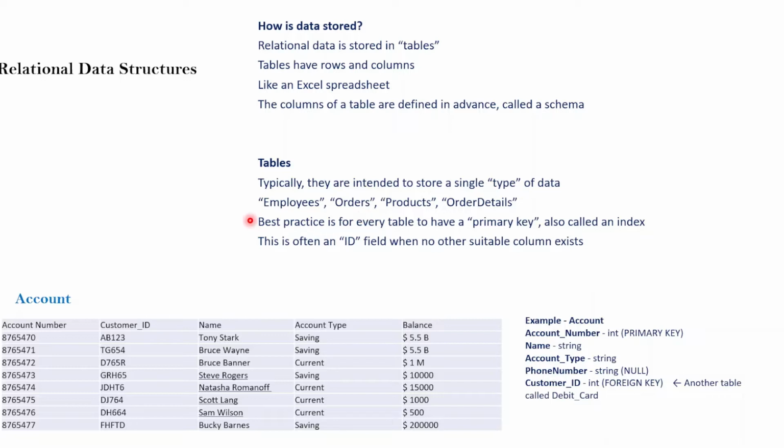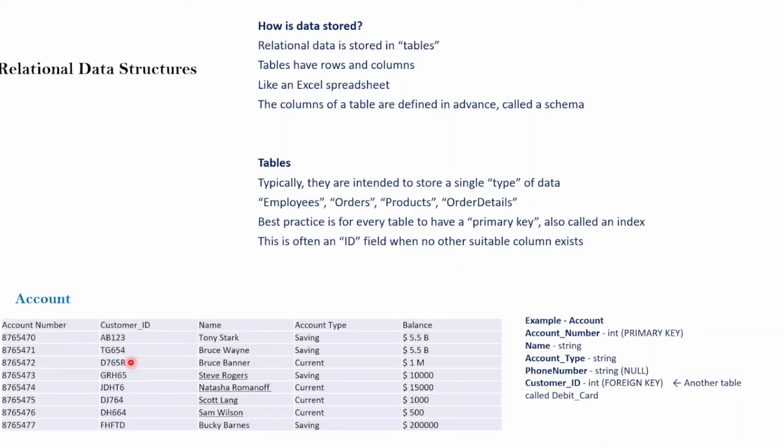It is best practice for every table to have a primary key, and it is also called an index. Index is usually done on the primary key, but it can be done on some other columns as well. And in normal life we usually call the primary key an ID.